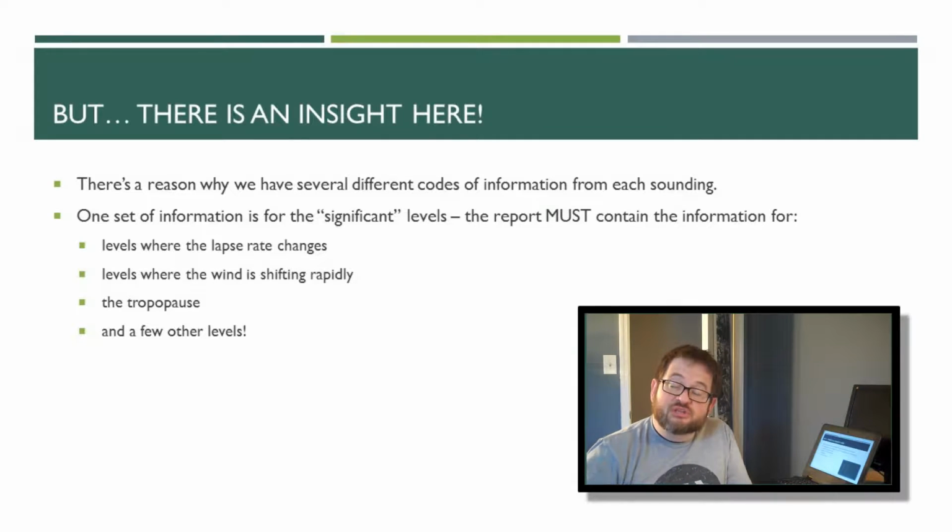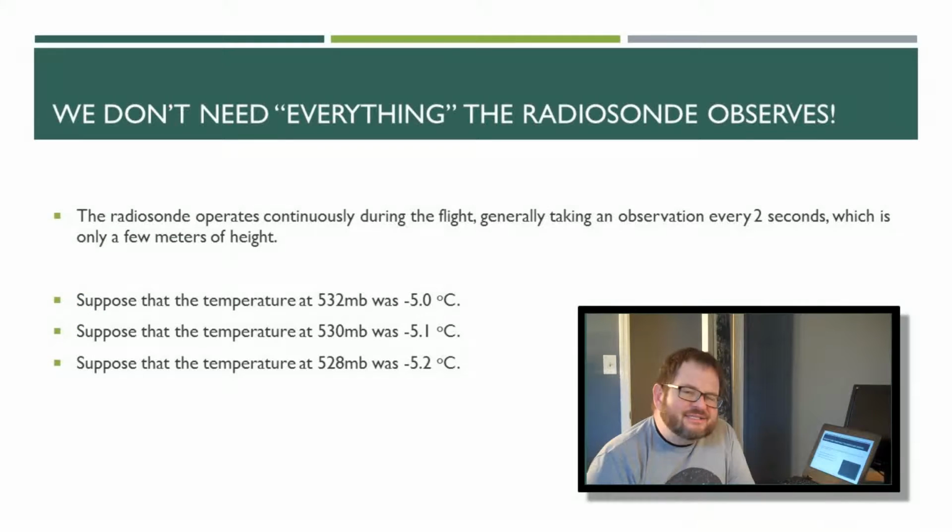So when you launch the balloon, the software that is running the data collection will keep track of all the mandatory levels, where the balloon must report back, and all the significant levels, places where something is happening, like you're going into the bottom of an inversion, or you're coming out the top of a temperature inversion, or something like that.